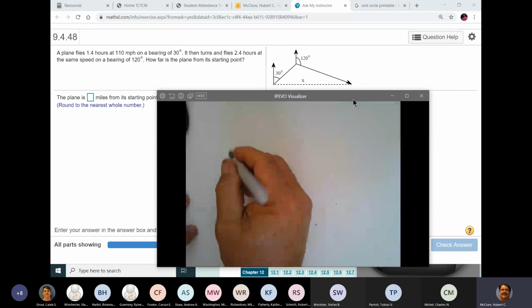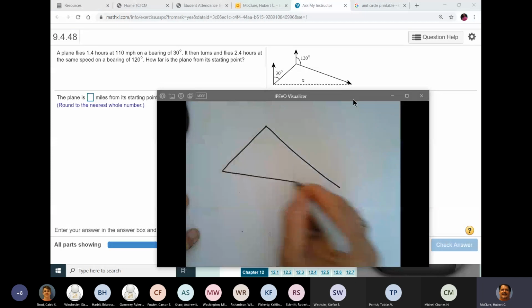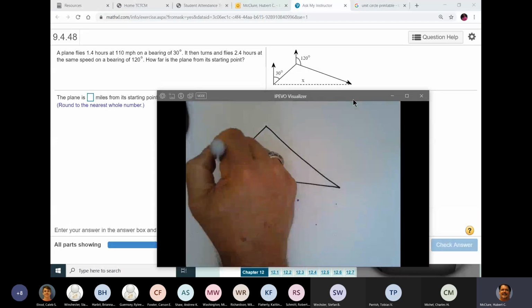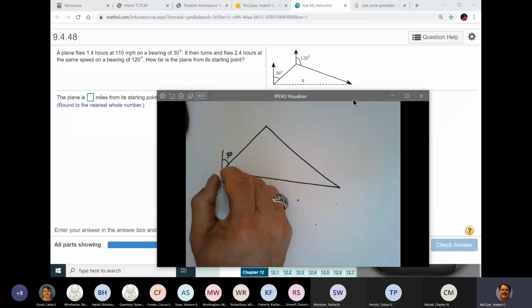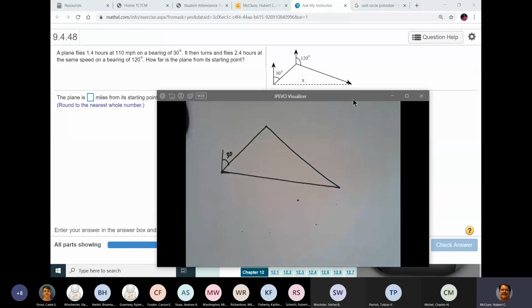I got an angle going this way, and this way. And this is 30 degrees. And this is, we know that that's 90 degrees. So this is what? 30 from 90 is what?